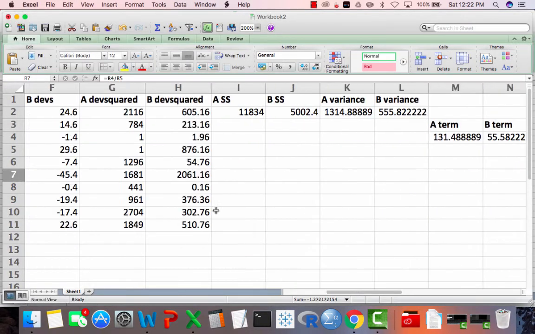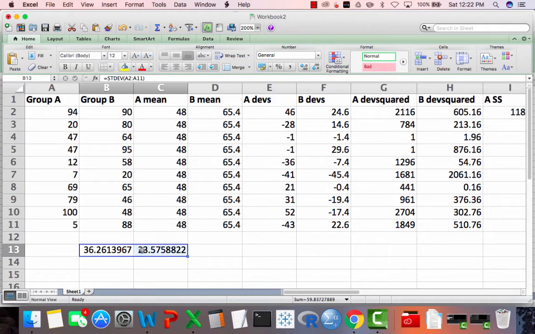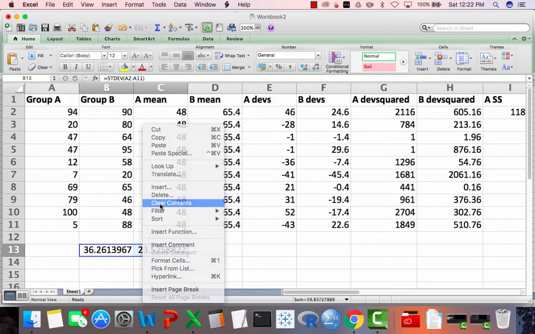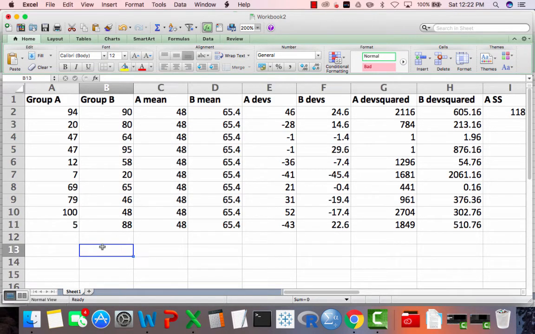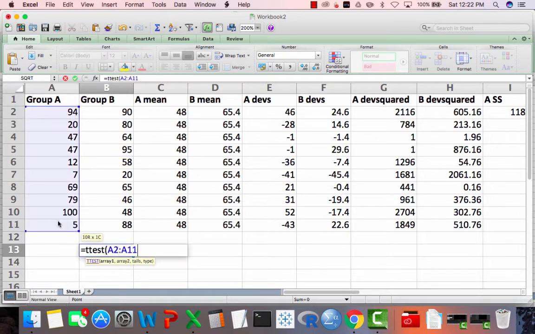So if we go over here to our groups, I'm going to clear these contents out, and we just use the function t-test, and we put in the values for group A, and we put in the values for group B, and we specify the number of tails.